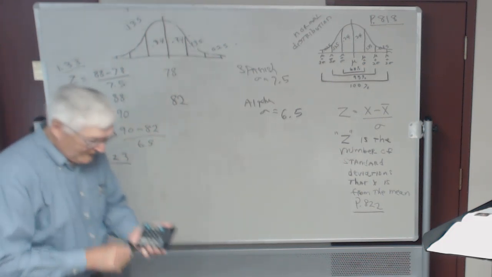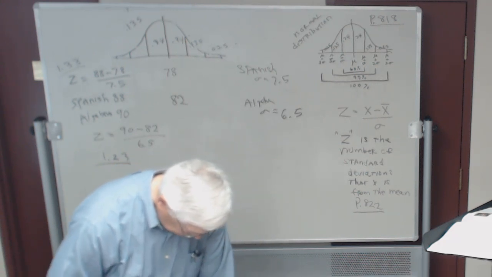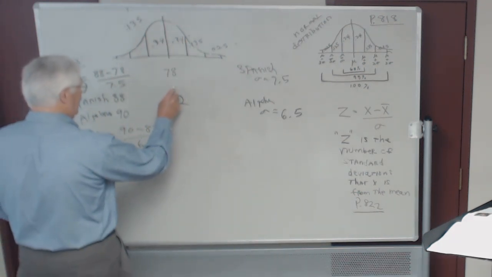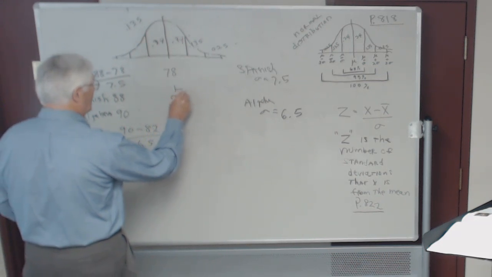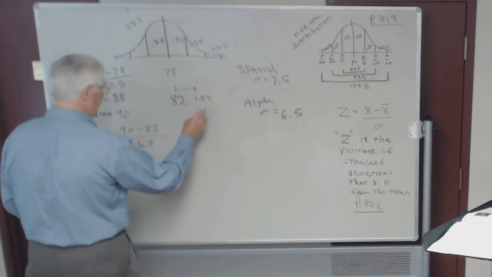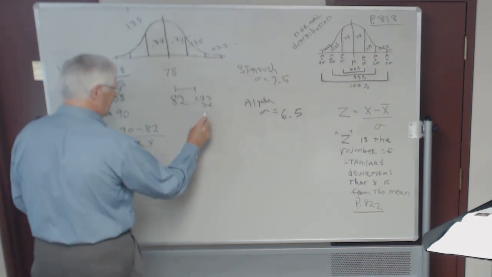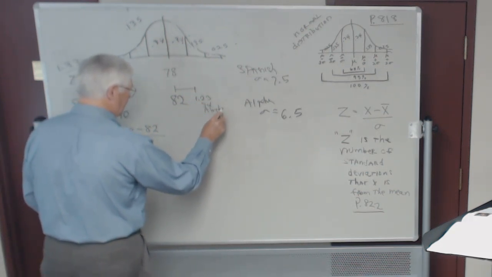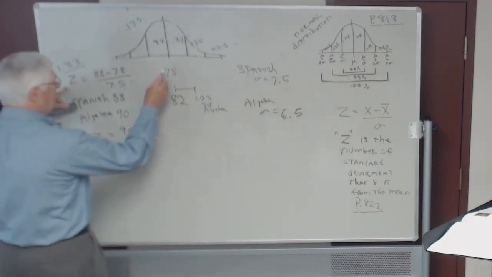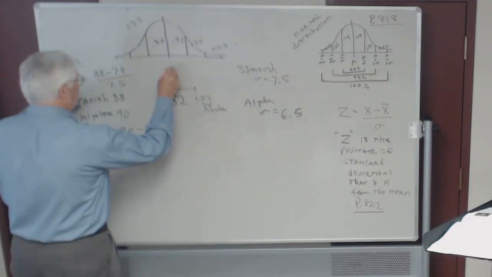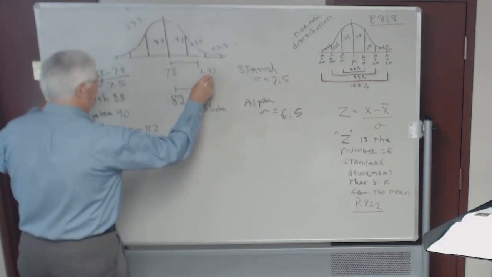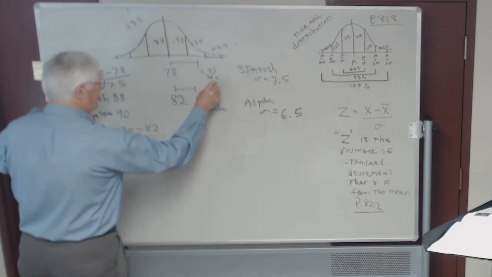So, watch what that just told us. In algebra, he was 1.23 standard deviations above the mean. In Spanish, he was 1.33 standard deviations above the mean.